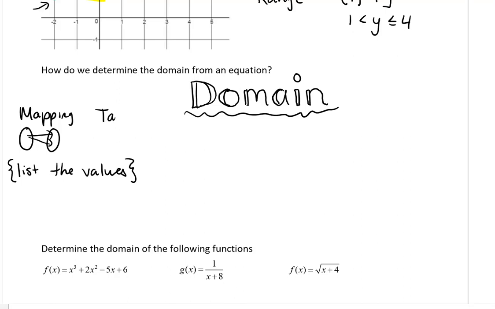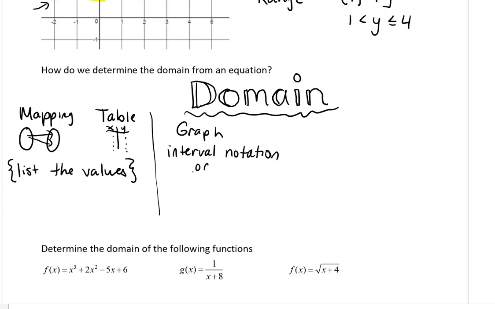Same kind of thing is going to happen on a table. So if I have like an input-output table with like X and Y, and boom, boom, boom, boom, boom, boom, boom. So those two look the same. Right? When we do it from a graph, we read it off the graph, and we could be using intervals, interval notation, or inequality notation based on what we see.